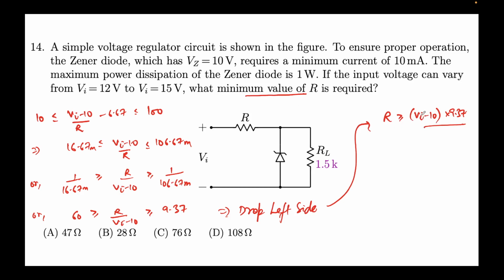We want this circuit to work for every voltage of Vi, right?